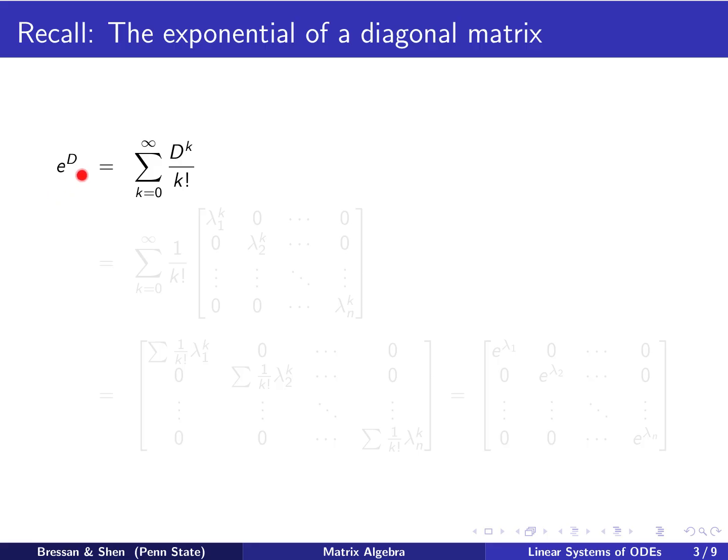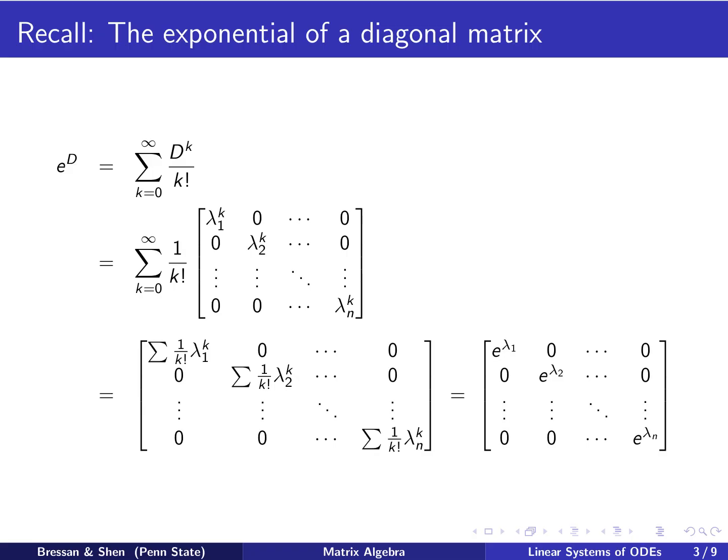So e to the D, treating D just as the exponent of this exponential function, can be written as a Taylor series. We assume that it can be, and then it's 1 over k factorial times D to the k. And then for D to the k, we can put in this expression, which we showed in the previous slide.